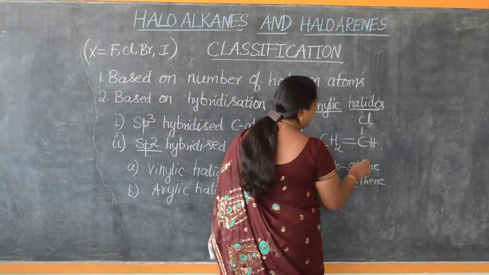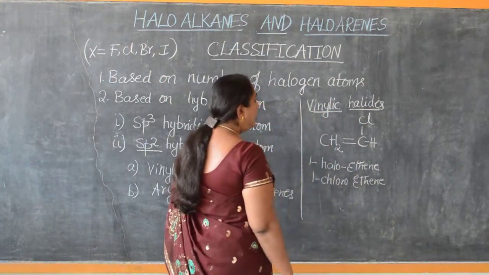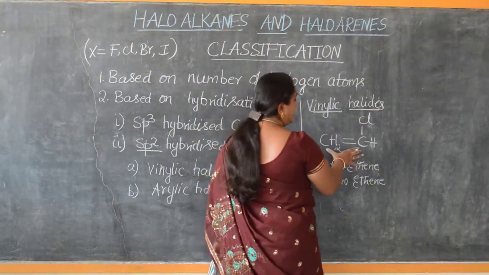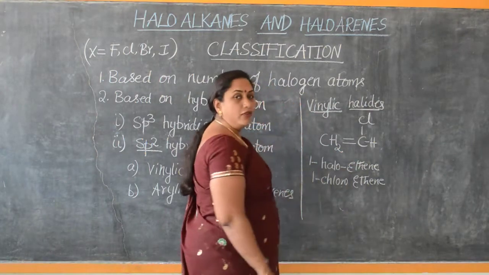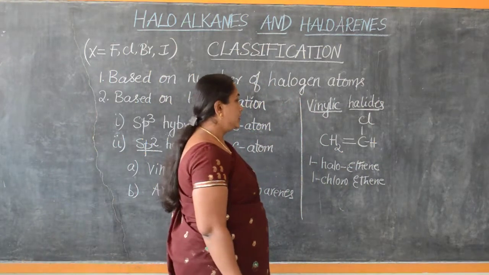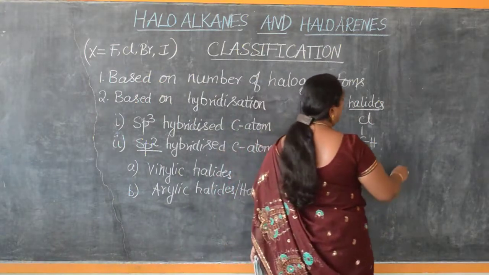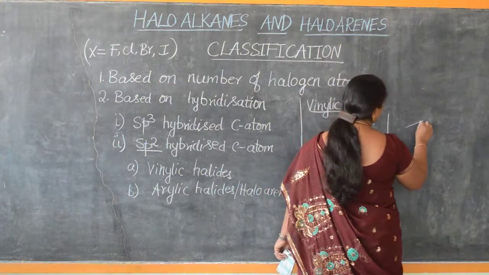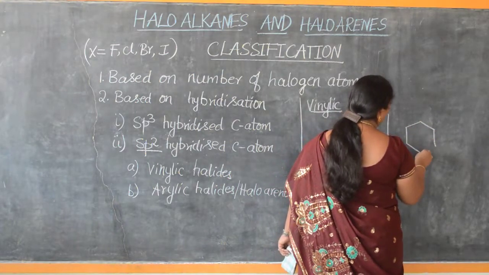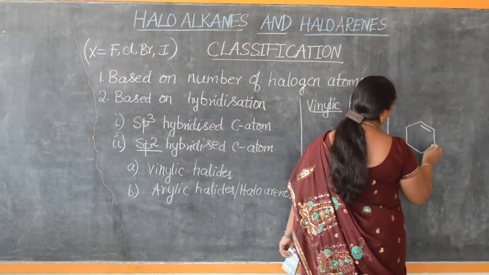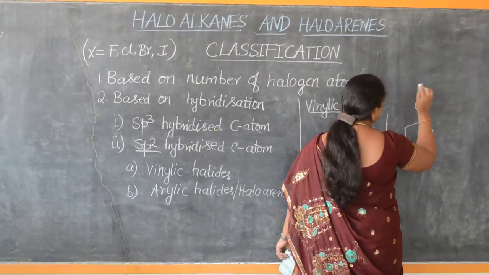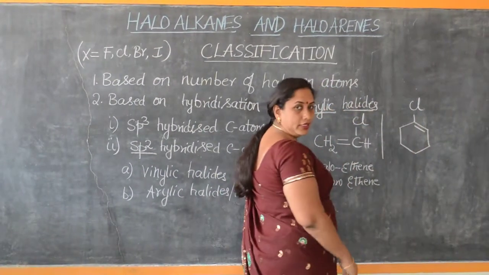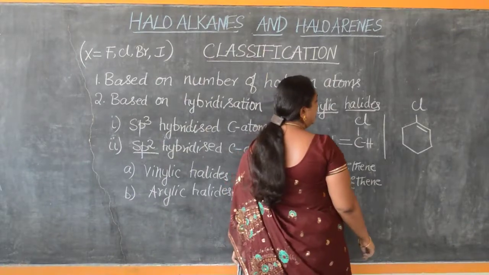Is it that only the alkenes are involved in this, the aliphatic alkenes? Not necessarily. Even the alicyclic compounds, that means cycloalkenes, also have these cases. Now this is a cyclohexene. What do we see here?